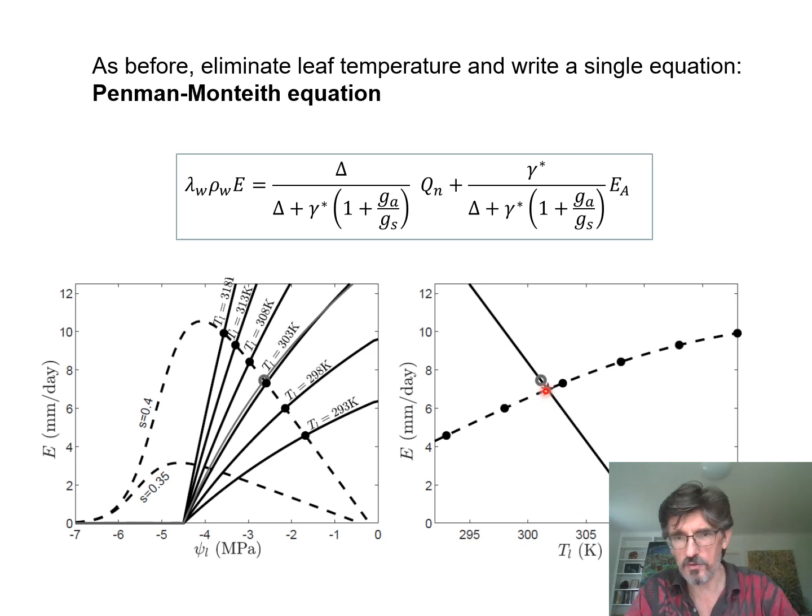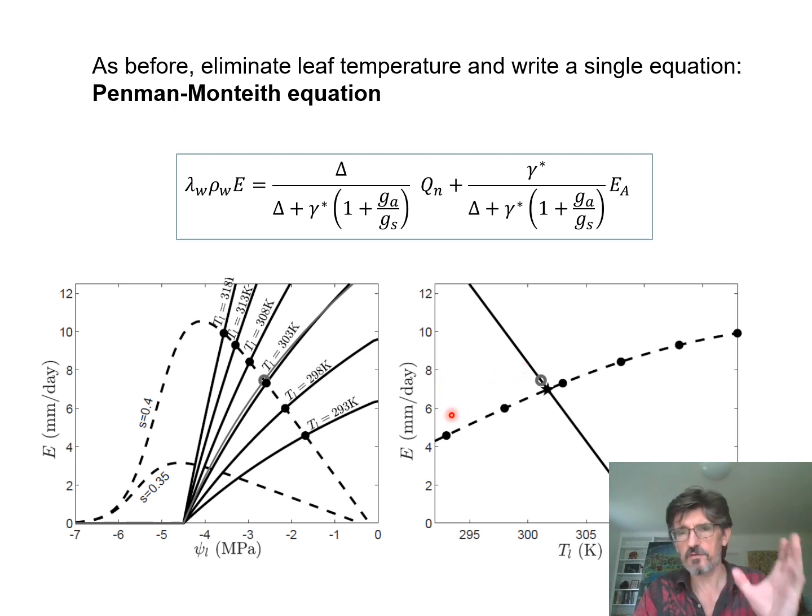I'm going to put the cursor right on top of it. It is the real solution, let's say, that you get numerically with the full system. And this one instead, the gray circle here, is the Penman solution. So all in all, not a bad approximation. You can see it here. It's basically a slight overestimation.